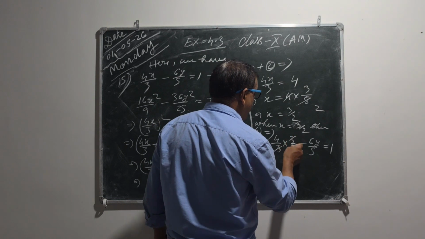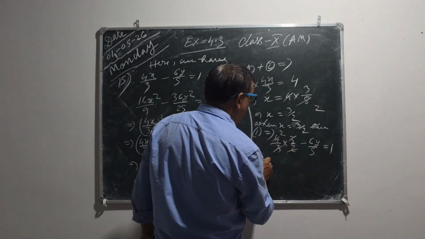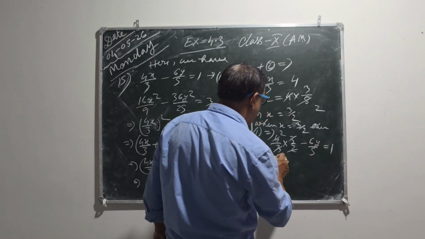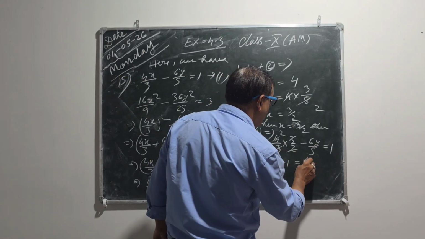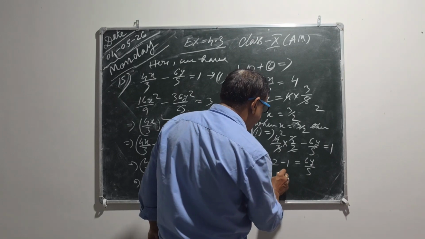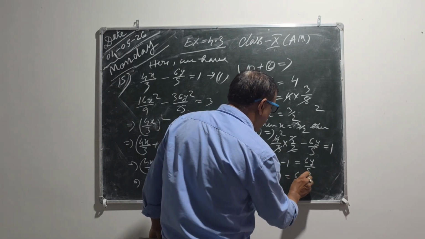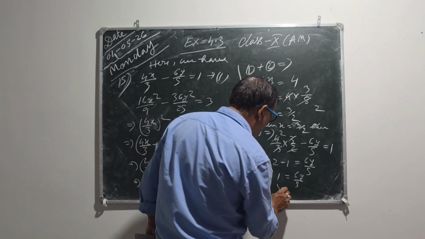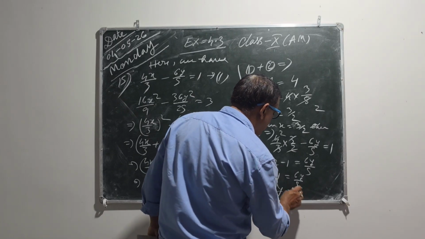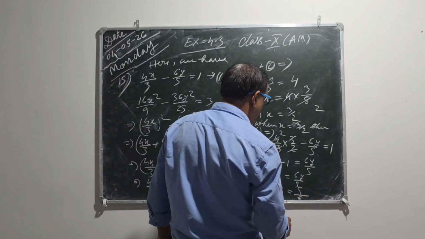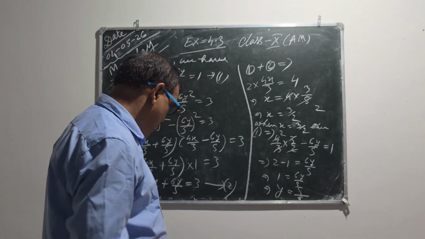So this can cut, this one also can cut. Finally this one goes to that side, 2 minus 1 equal to 6y by 5. Then 1 equal to 6y by 5. So finally y equal to 5 goes up, 6 comes down, so 5 by 6.